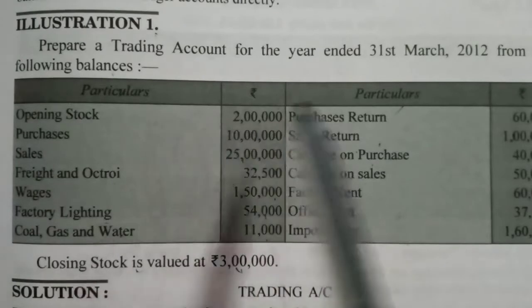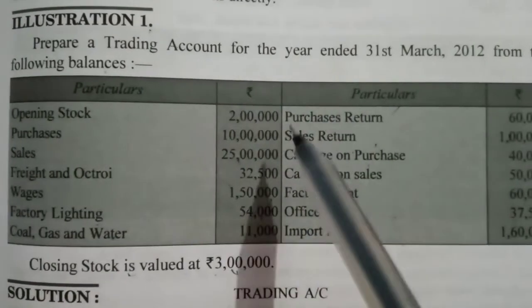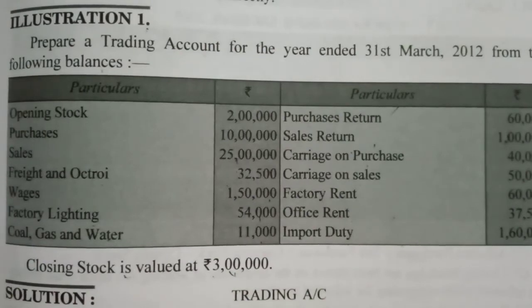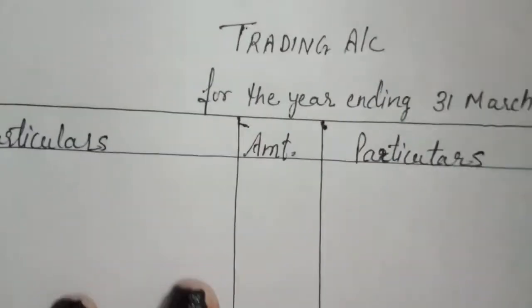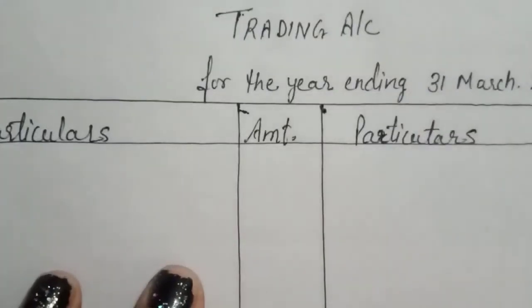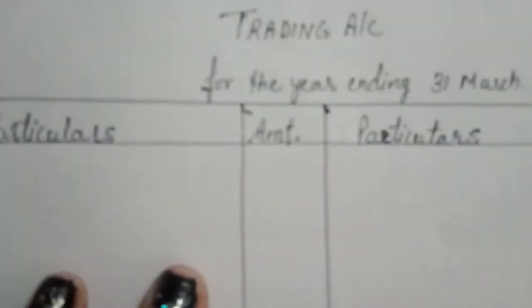Now, how to treat these in trading account? Let me explain by solving this question. See, as I told you earlier, trading account is of T shape. I have prepared a format here of trading account.